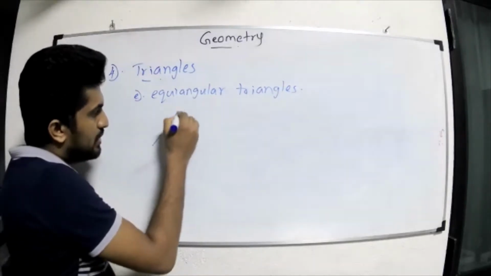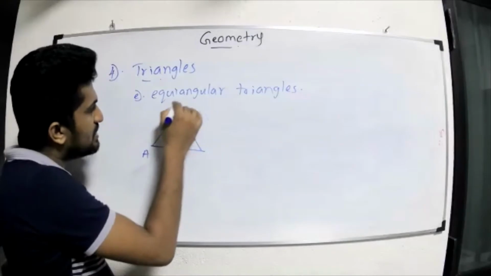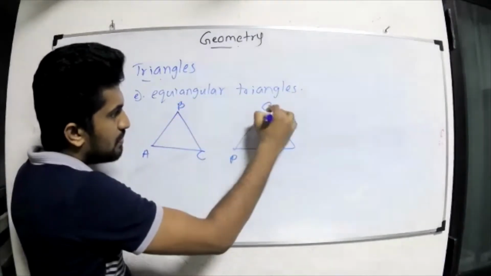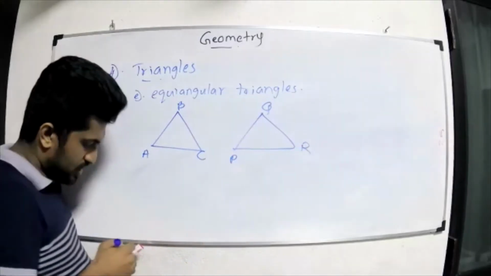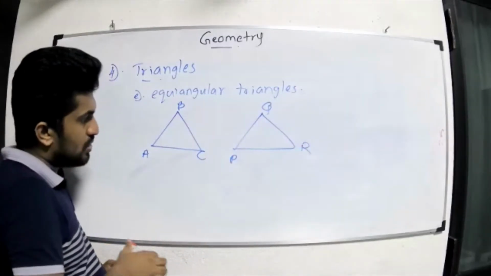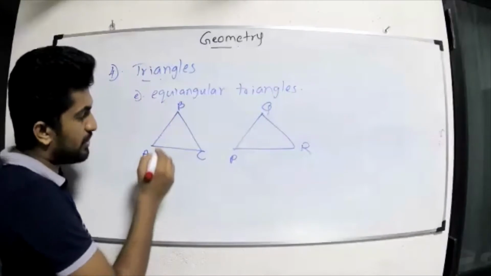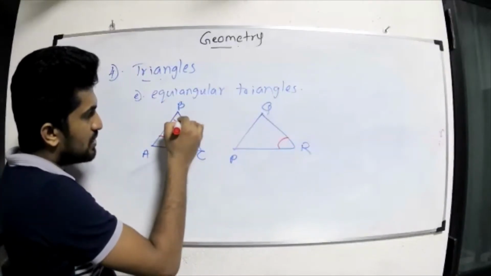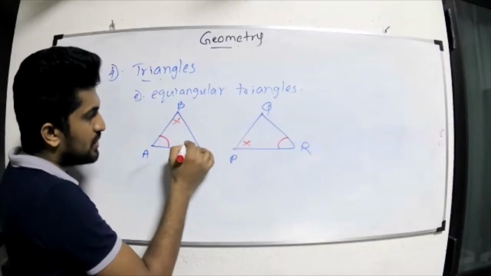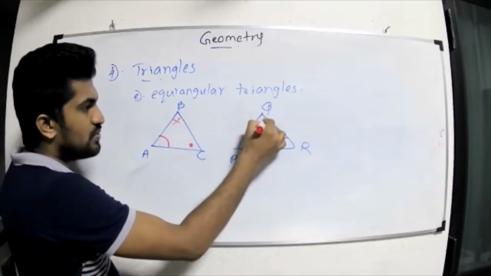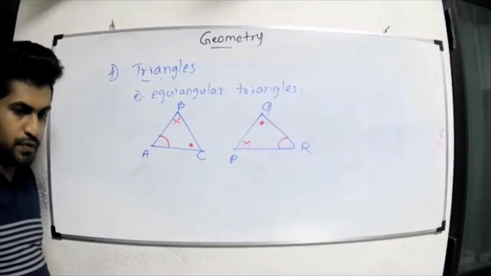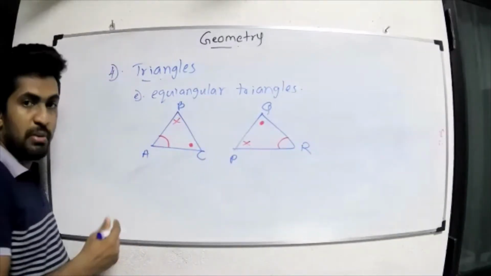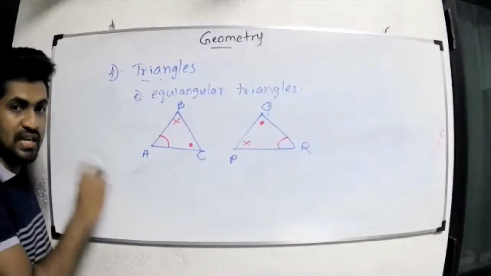Equiangular means if this is triangle ABC, and this is triangle PQR, if you can show their corresponding angles are the same, this one equal to this one, this one equal to this one, then you can write a relationship between their sides.